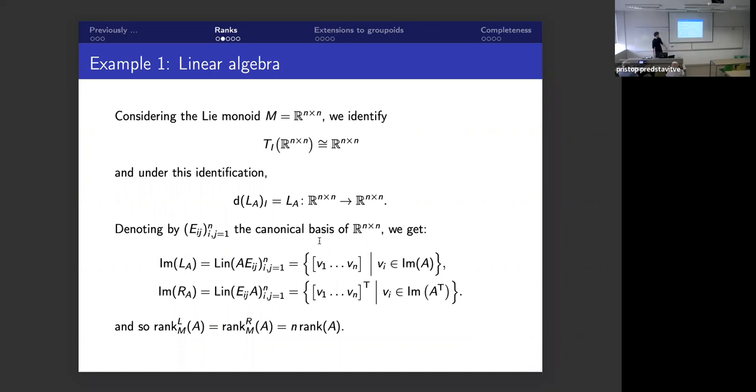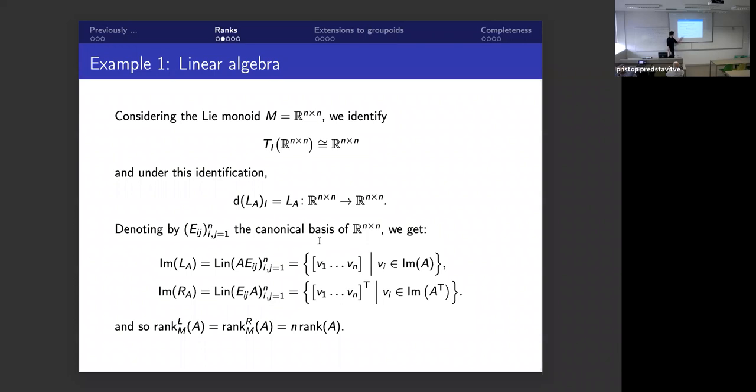So in order to do so, we work with a canonical basis, Eij, and it turns out we get these kinds of expressions, and so these two are obviously going to coincide because of the properties of matrices, that the rank of the transpose matrix is just the same as the rank of the matrix, right?